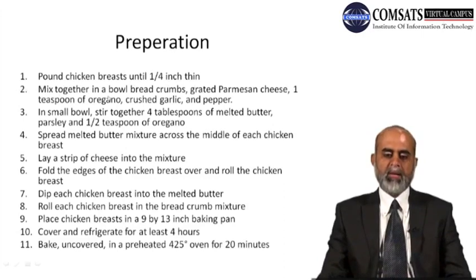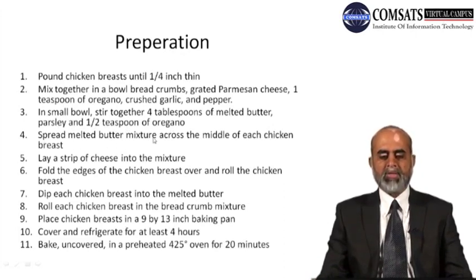And then mix together in a bowl breadcrumbs, grated Parmesan cheese, 1 teaspoon of oregano, crushed garlic and pepper. So mix them together in a bowl. In another small bowl, stir together 4 tablespoons of melted butter, parsley and half teaspoon of oregano.